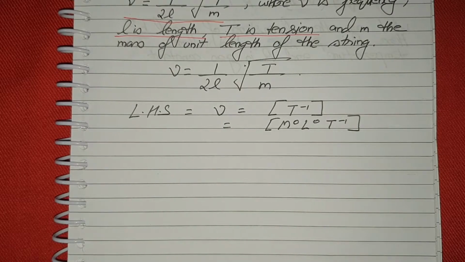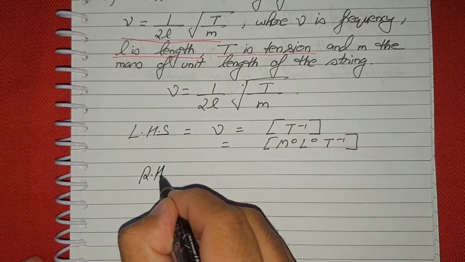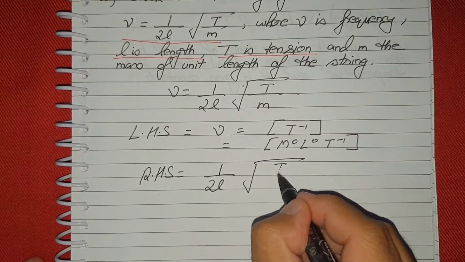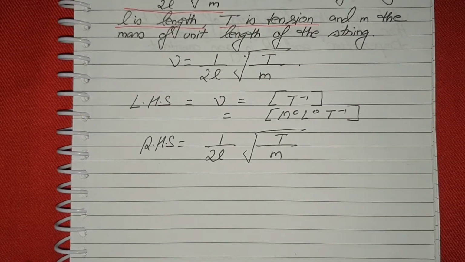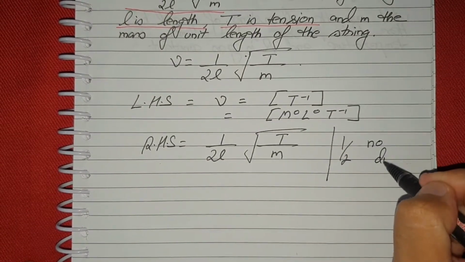Now for the RHS. RHS is 1 upon 2L under root T by M. Again there is one limitation, 1 by 2 has no dimensions.